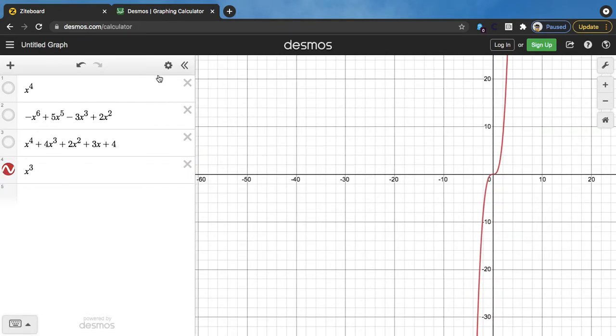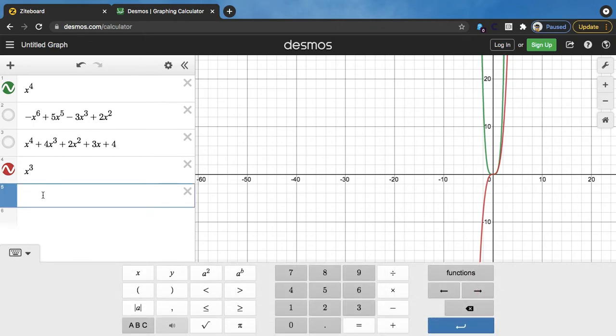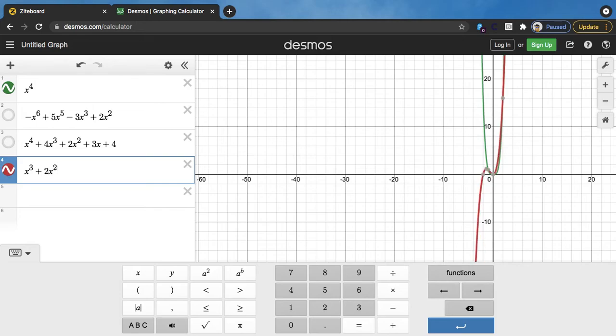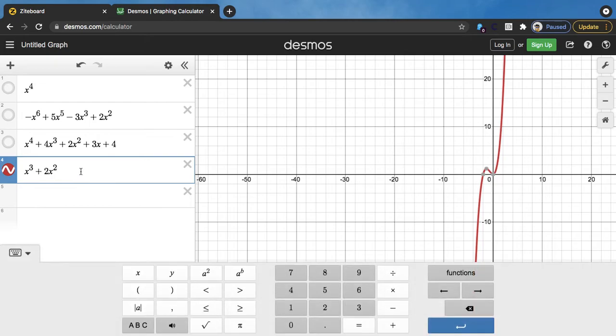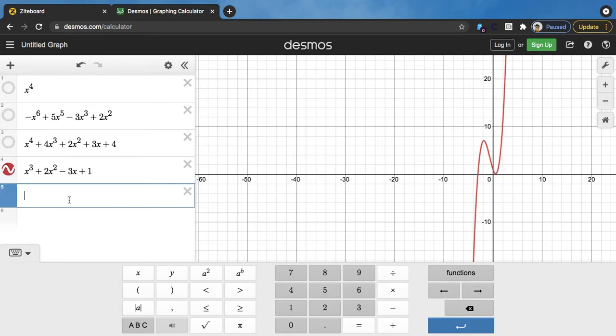Unlike x raised to 4, where you saw both arms were up, or x raised to minus 6, where both arms were down. So that's what the odd function does. Even if I add terms to it, you will see that it continues behaving with one arm up and one arm down. This is the basic structure of the end behavior of the odd function; it is always like that.